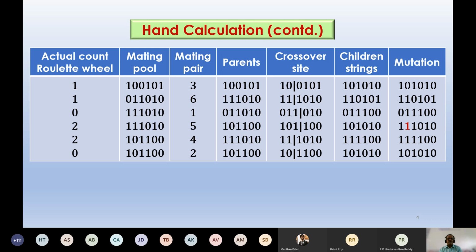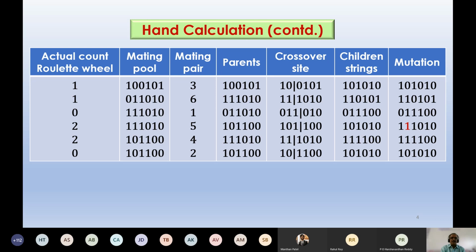And once you've got this particular mating pool, now I'll have to find out 6 by 2, that is 3 mating pairs. And once again, the mating pair selection will be done at random using the random number generator. Now I'm just going to find out with the first string who is going to mate.